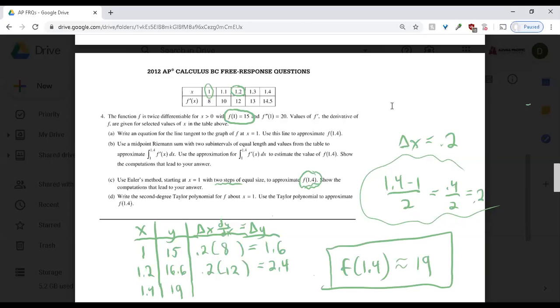So anything else on number 4? Mr. Morrison, this is more of a general question. Yes. For 4D, when it asks you for the second degree Taylor polynomial, are you going to the third term for the second degree, or are you going until when your exponent is 2? Yeah, good question. You are going to the third term because you're also including the constant.